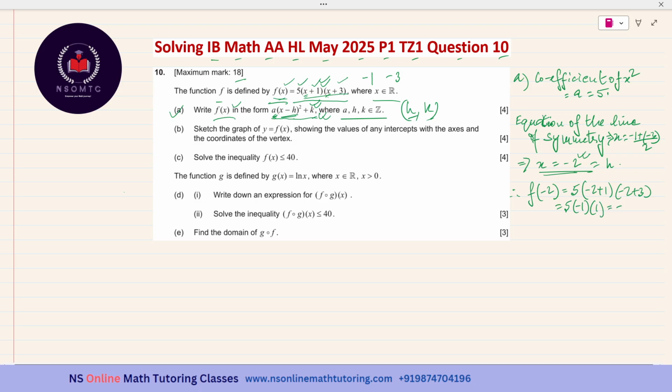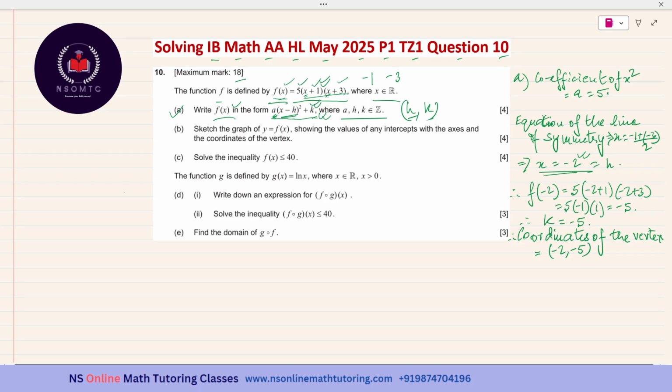So this is equal to -5. Therefore, k is equal to -5. So the coordinates of the vertex is equal to (-2, -5).